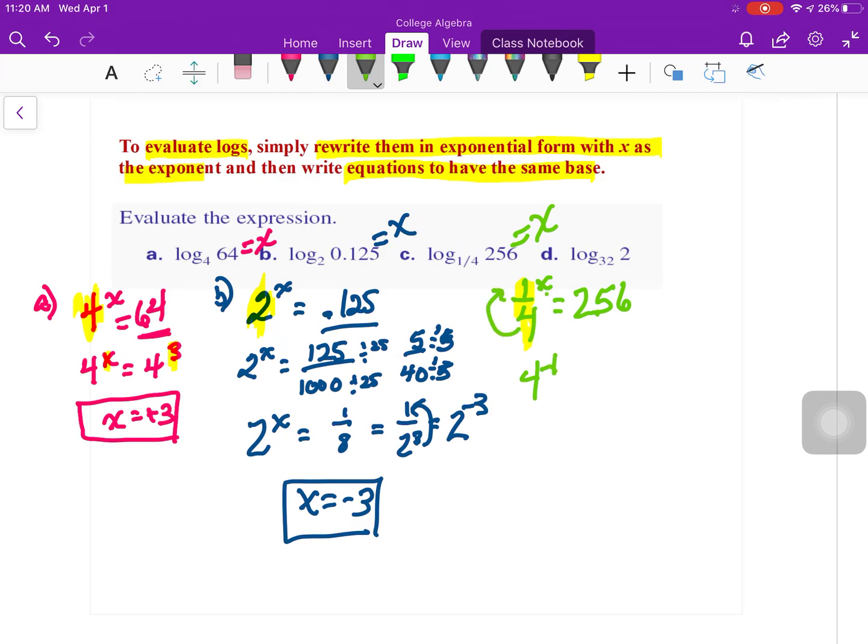That would flip it to the top. Then I still have that x, so it's 4 to the negative 1 times x. Now I must rewrite 256 as base 4. So 256 is 4 to the 4th. So that means negative x equals 4, which means positive x must be negative 4.